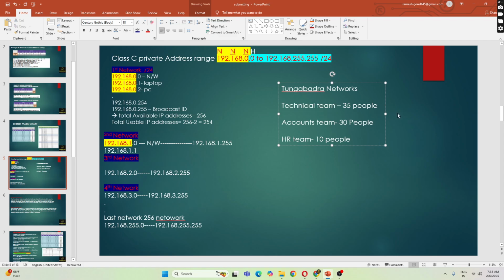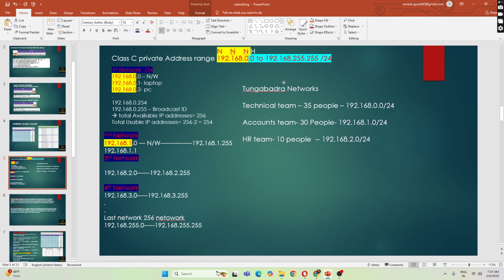So I can assign the first network, 192.168.0.0/24, to the technical team, and 192.168.1.0/24 to the accounts team, and I'm assigning another network, 192.168.2.0/24, to the other team.